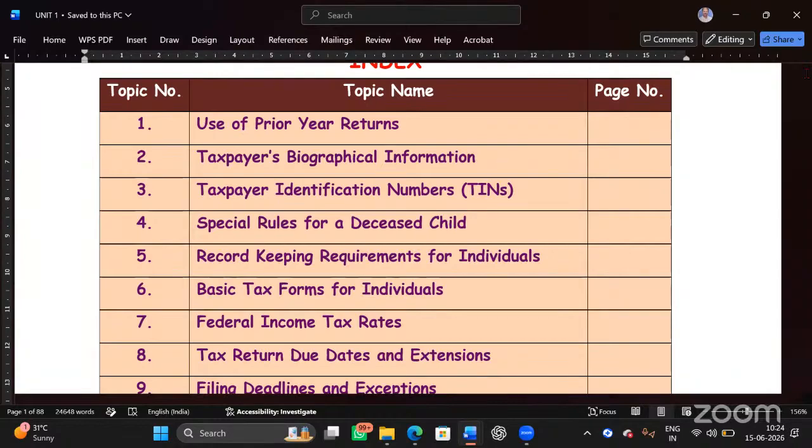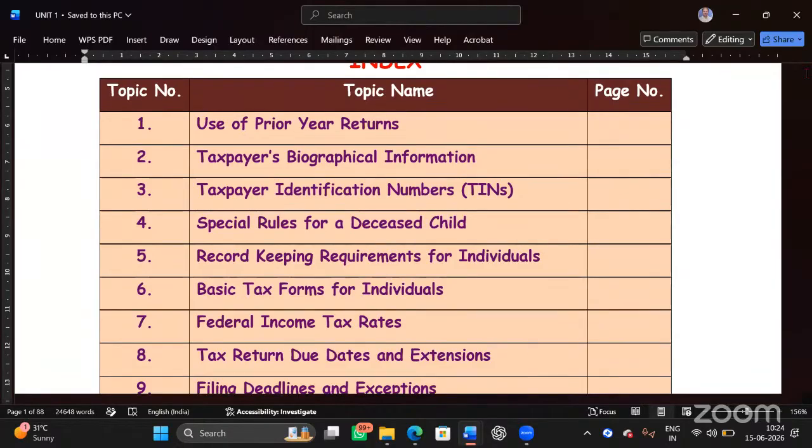At the time of filing current year returns, every taxpayer has to first refer previous year returns. Previous year returns are very much helpful to fill the current year form without errors. How it is useful will be covered in point number 1, use of prior year returns.